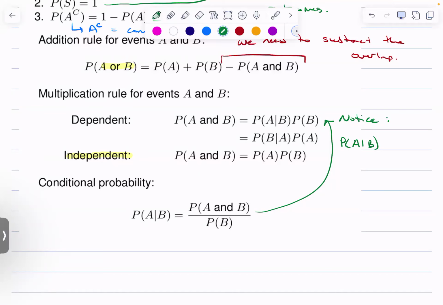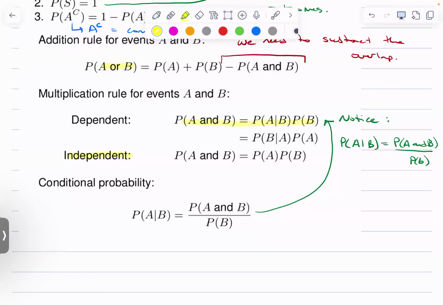So the probability of A given B is the probability of A and B divided by the probability of B. Now, if you multiply the probability of B over to the left-hand side and swing it around, what do you get?